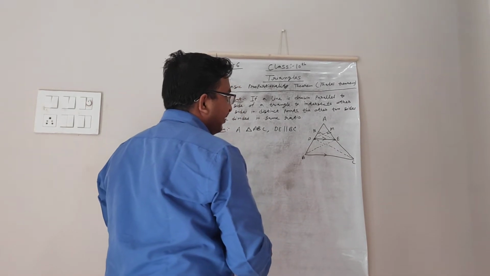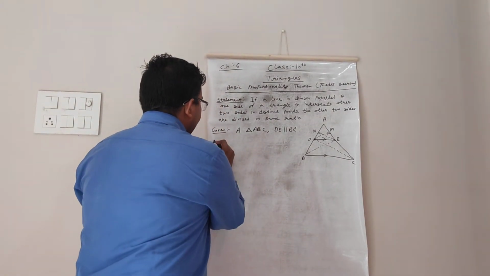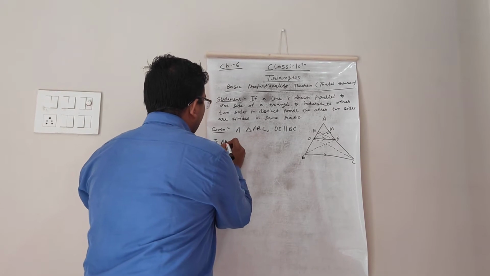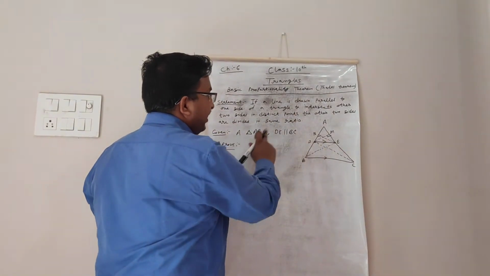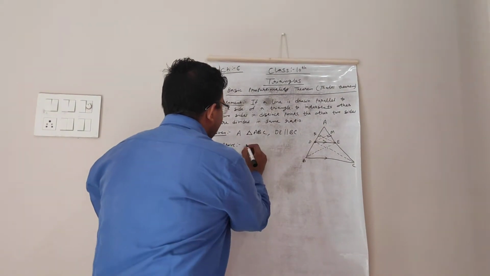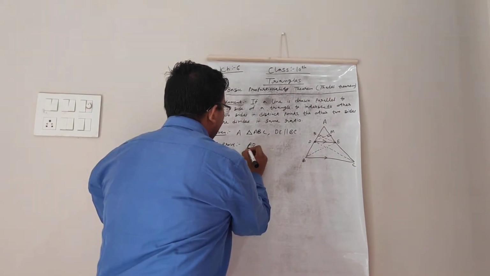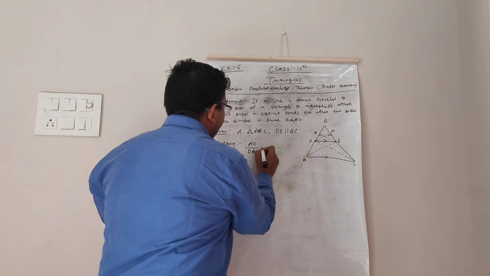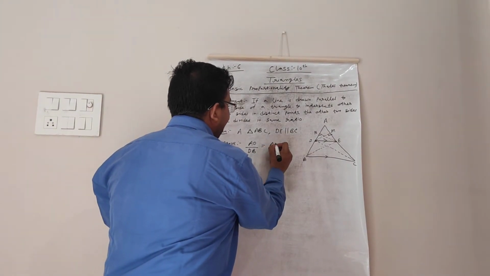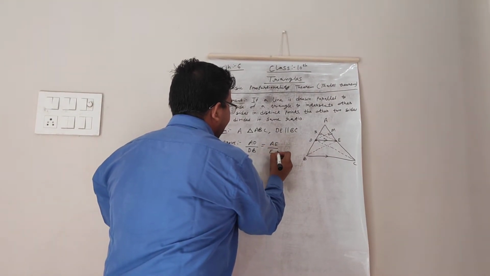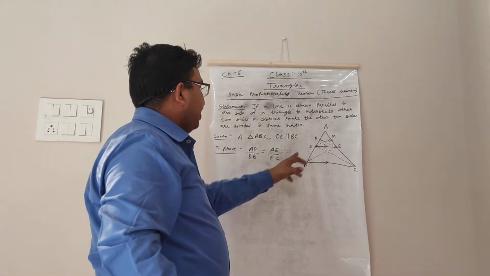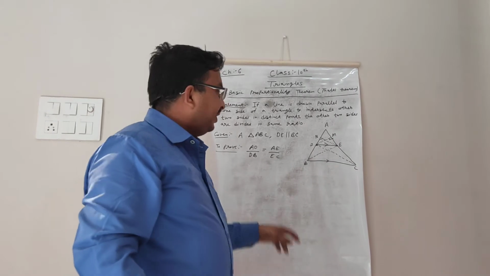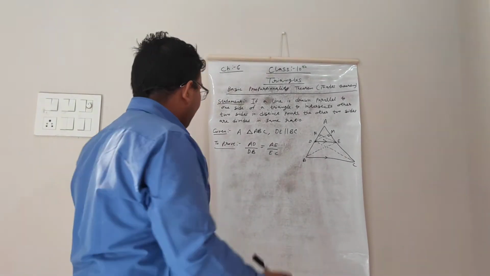This is given in the triangle. To prove: what do we have to prove here? We have to prove the other two sides are divided in the same ratio. It means AD upon DB must be equal to AE upon EC. The ratio of these sides should be equal. So AD upon DB is equal to AE upon EC. This we have to prove.